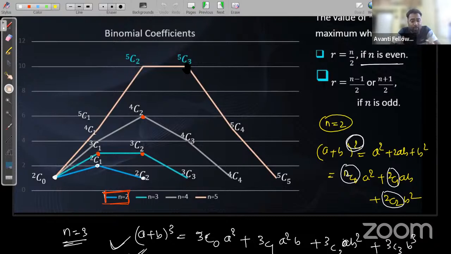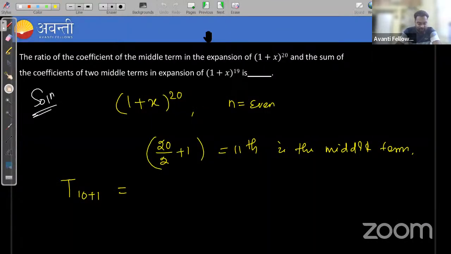The coefficient of the middle term always gives you the maximum value in the given expansion. Among all the binomial coefficients, the binomial coefficient of the middle term will always give you the maximum value.